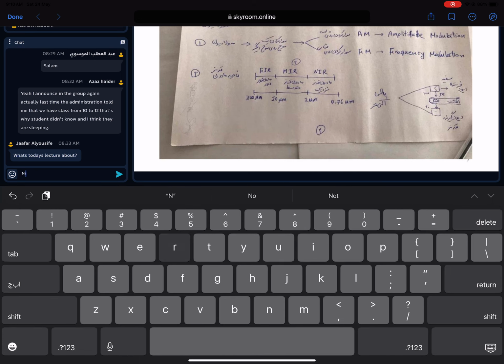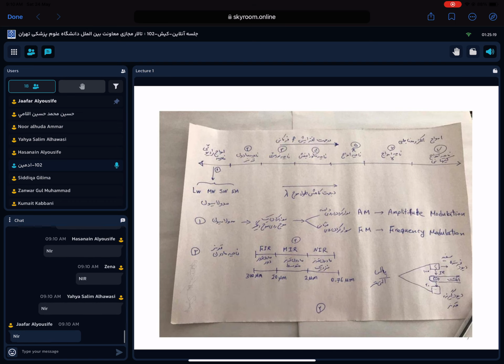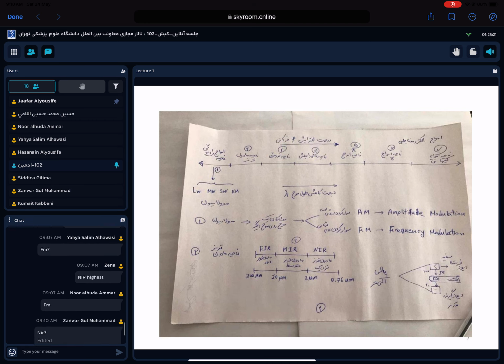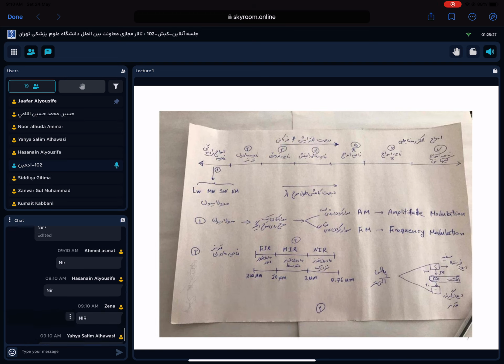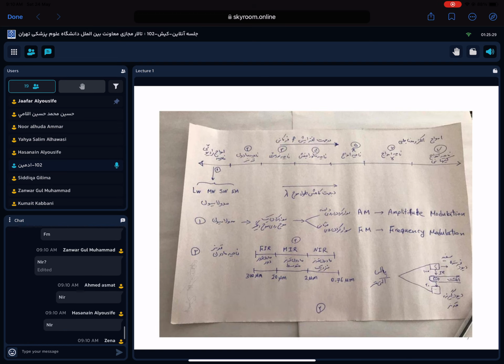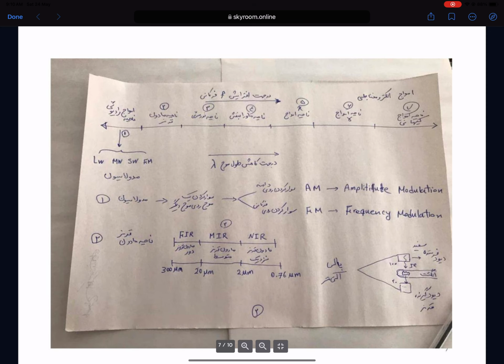Now, why do I ask you this question all the time? Because when we go further to the right, we will reach a specific area where I tell you, dear students, this region can penetrate inside the cell.